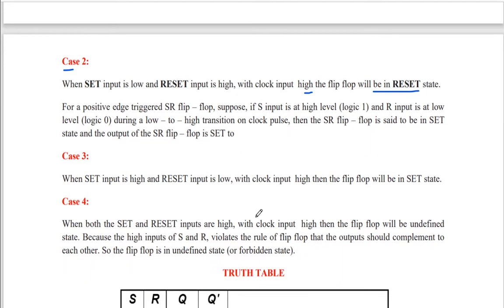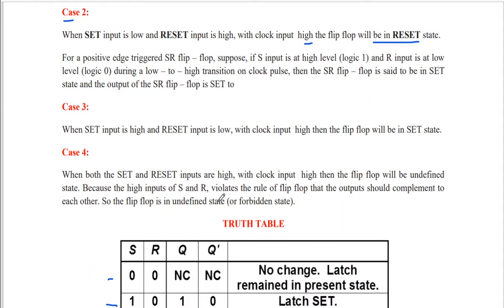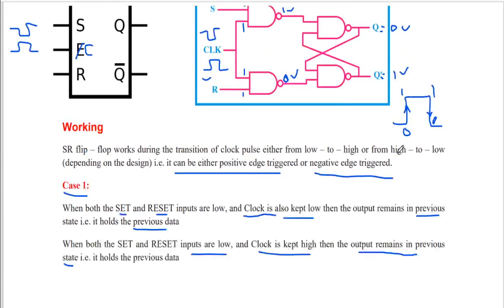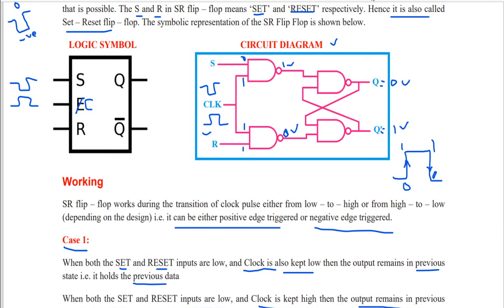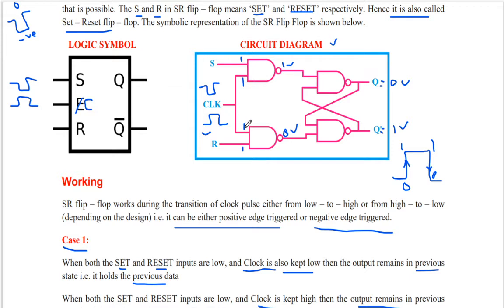So when the set input is high and the reset input is low, with the clock input high, the flip flop will be in the set state. Now I have changed the state here. I have made S as 1 and R as 0.